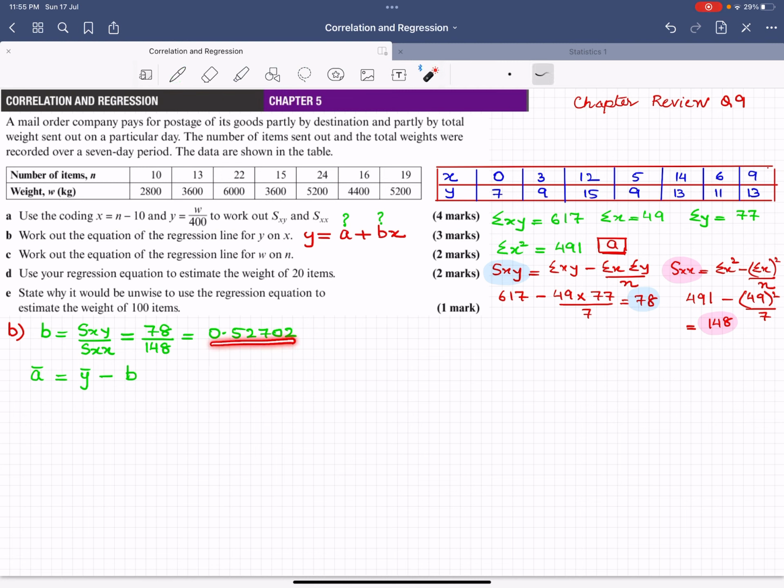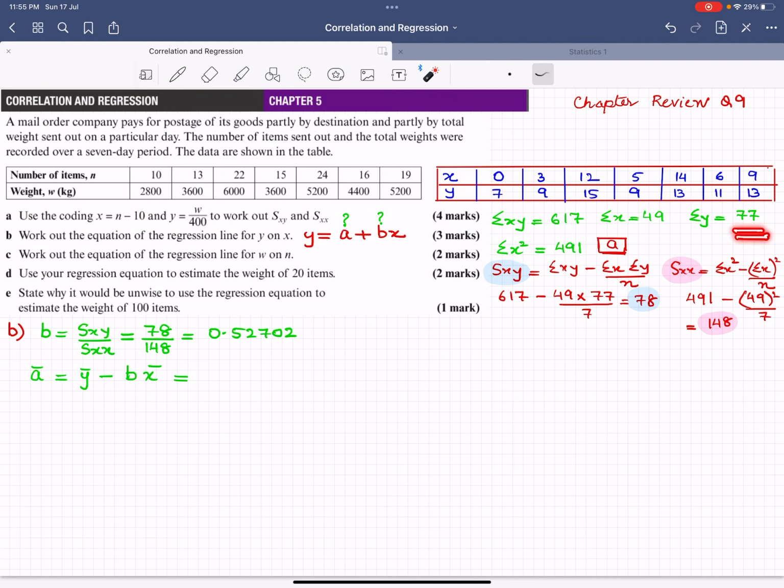We found b into average value of x. So let's plug in these values to find average value of a. So we have average value of y, which is the total value of y is 77.